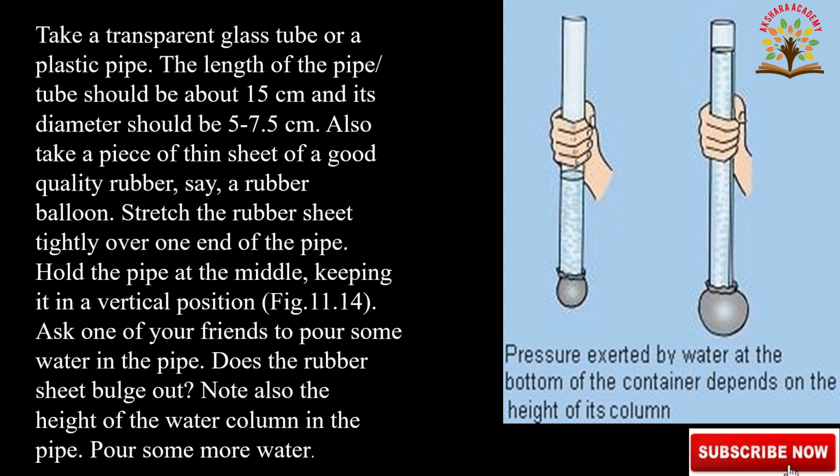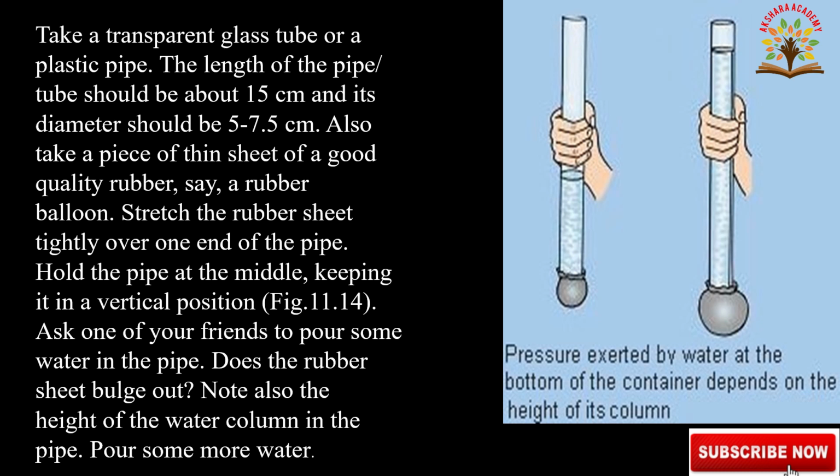The length of the pipe should be 15 centimeters and its diameter should be 5 to 7.5 centimeters. And also take a piece of thin sheet of good quality rubber, say a rubber balloon. Stretch the rubber sheet tightly over one end of the pipe.